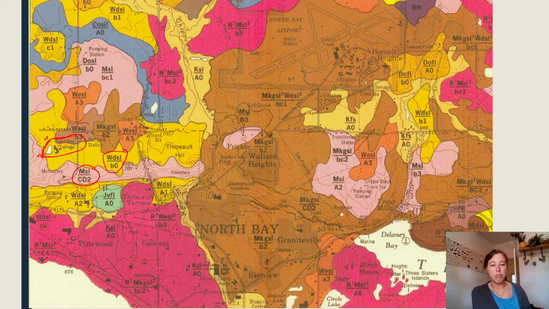We used to go across the street, so we'd be in this beige area as well. But these letters and codes stand for different soil series. Each of these different colors on this screen represents different soil families, and the letter codes are different series within those families.